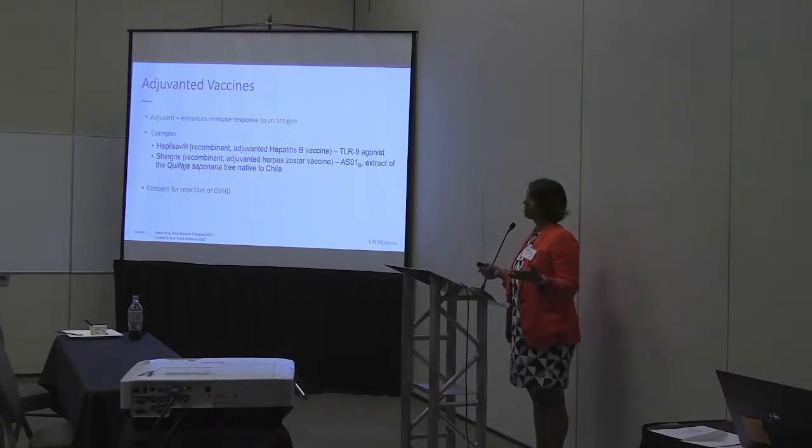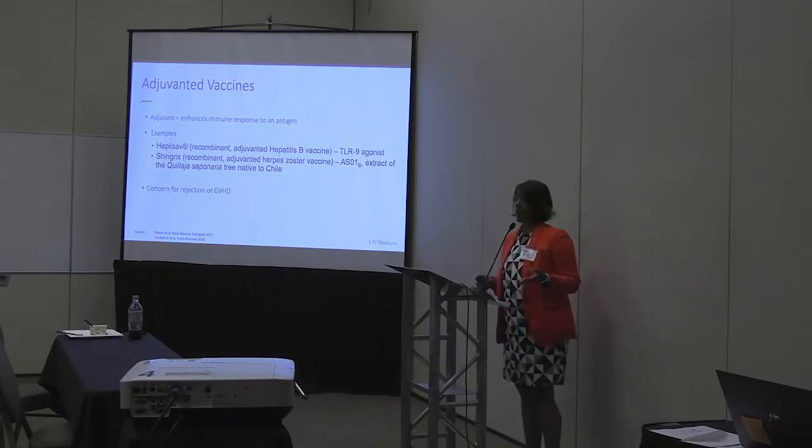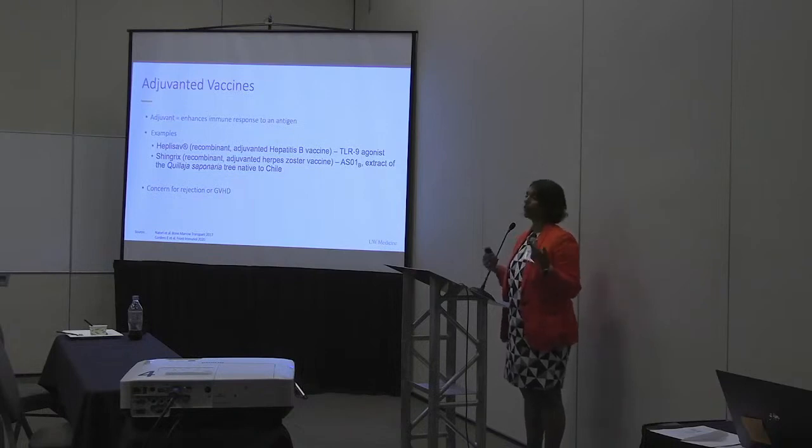They recognize it through something called PAMPs, or pathogen-associated molecular patterns. And TLR9 is specific for identifying patterns that are in viruses. So basically, when we give it with an agonist, it revs up that part of the immune system to create a more robust response against that recombinant Hep B vaccine. We actually know that it's quite effective when compared with our standard Hep B vaccines, and it's only 2 doses, 1 month apart, which creates a good immune response.